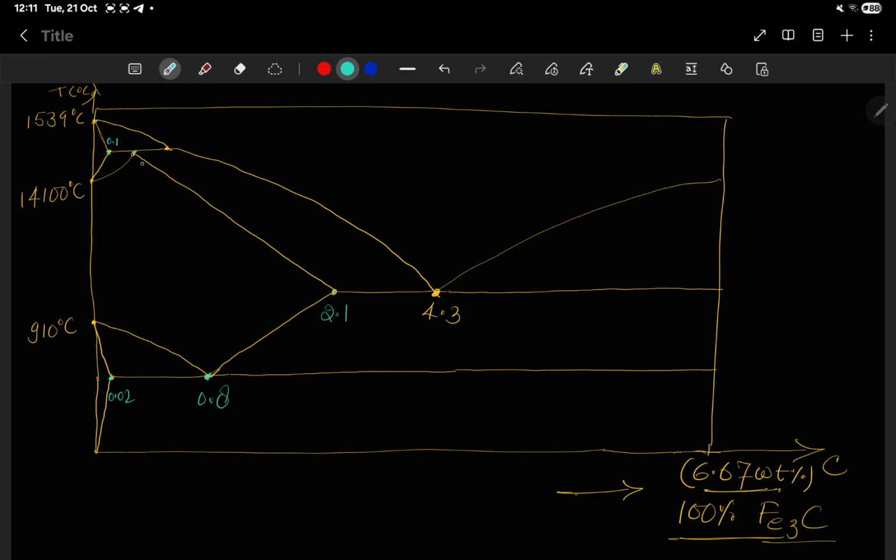This location is 0.2. This location is 0.5. Okay, so this is 0.002 and this is 0.1. So this is clear. I think this section will be a little bit narrower.